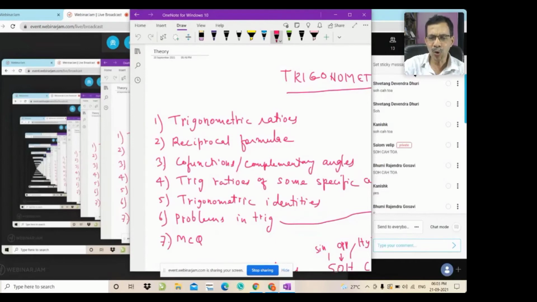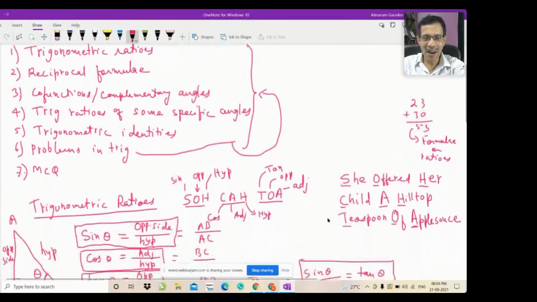Let me see how many of you remember the sentence. Let me see how many of you are remembering it. I will repeat it.